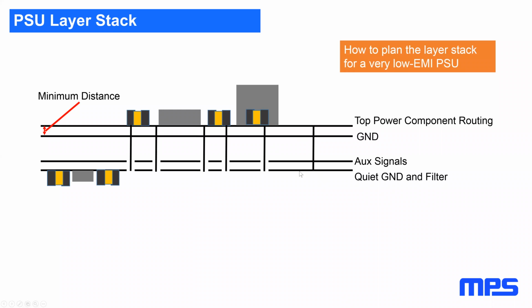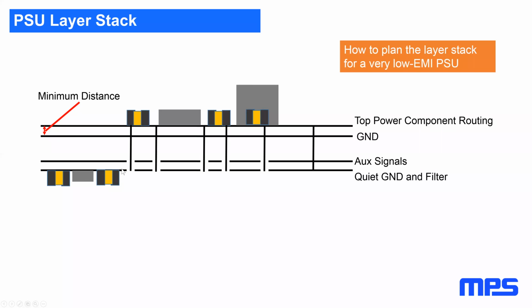But on the bottom layer, you make a quiet ground plane and you hook these noisy ground only at one via block with this area together. The auxiliary signals are also not connected, so that you do not introduce from your noisy ground area current signals in your quiet ground area. And typically in your quiet ground area, you put your EMI filter, because for the EMI filter, either you have distance or you put it on the other side, you make it very quiet.